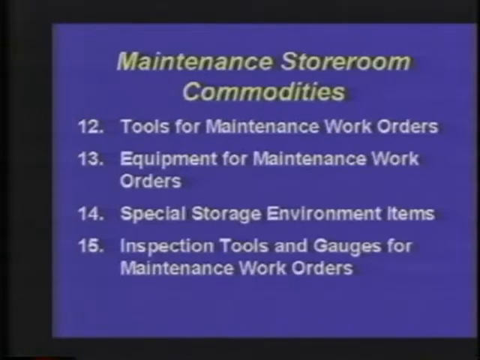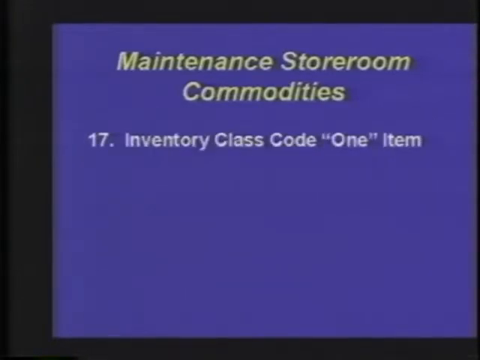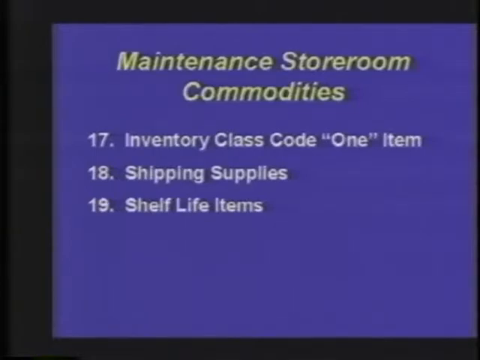Then we would have item number 16, the safety items, and 17 would be the inventory class code 1 items. Remember those emergency type items. And then we would get into 18, the shipping supplies to support the shipping function. 19 is the shelf life codes. Now, those shelf life coded items do not have to be in a separate area.